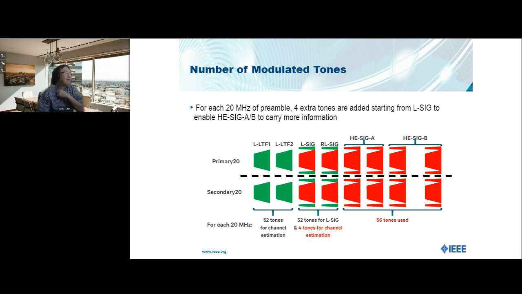For 11ax, starting from L6 and repeat L6, we add 4 extra tones at each side of the 20 megahertz to expand to 56 tones, so that starting from HE6A, all these fields can carry 56 tones, for carrying more payload in the SIG field.